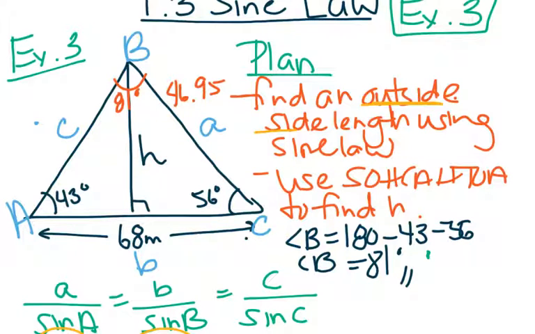I'm going to highlight this for you so that this is all that you're looking at now. We don't need the other triangle. All that we need to be able to use SOHCAHTOA here to find H is an angle, check, and a side length, check. So now we're good to go.